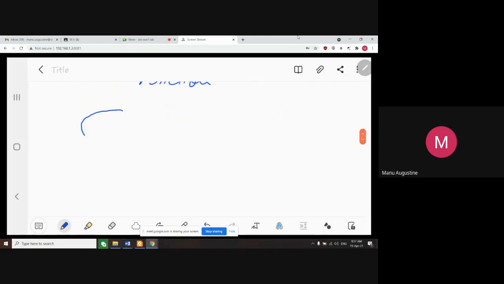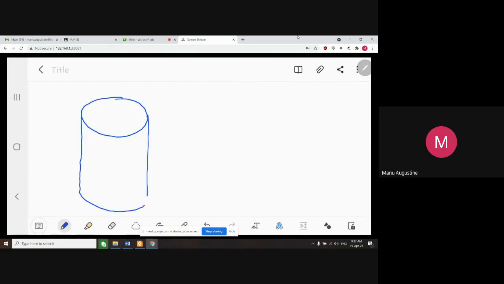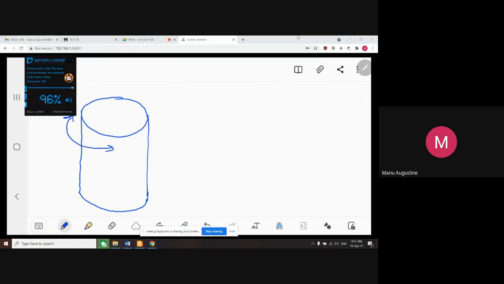Now consider that I have some shaft made of some elastic material. Elastic material could be any metal, steel, iron, anything. Now you're trying to twist and untwist this material while the bottom part is fixed to the ground.